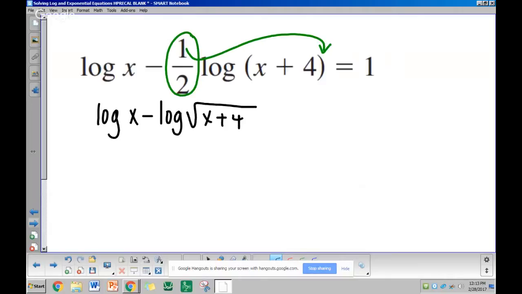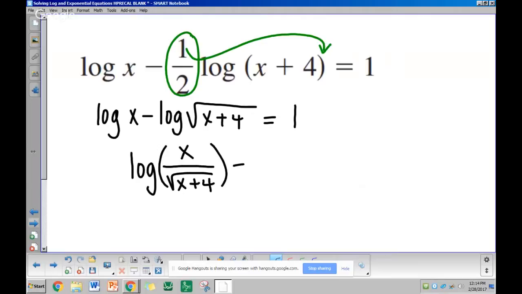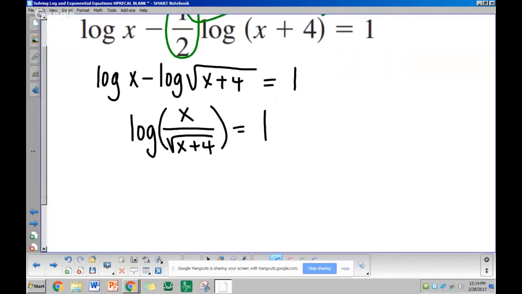Because it's 1/2 equals 1, but I'm subtracting on the left. So this would be log of x over the square root of x plus 4 equals 1. And now I have a log equal to a number, so the strategy is exponentiate with base 10.